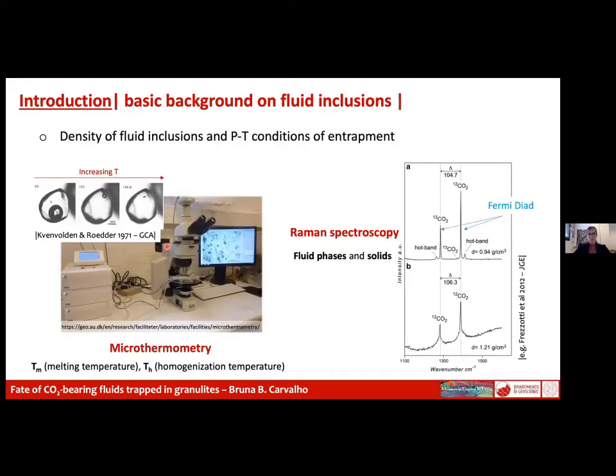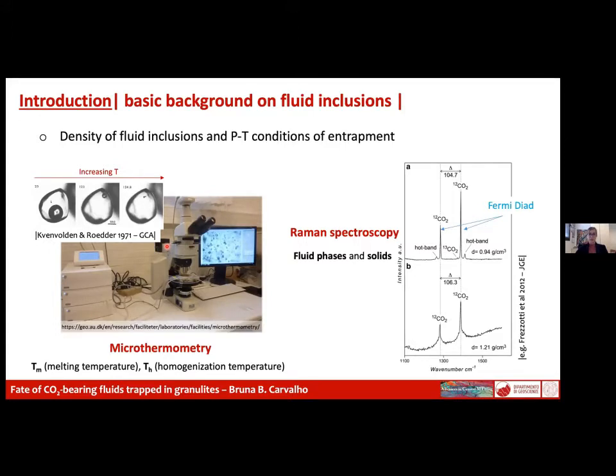Fluid inclusion studies can be done using microthermometry, so by heating and freezing the inclusions to get melting and homogenization temperatures, but also with Raman spectroscopy. And specifically in this case, we can obtain not only the fluid phases, but also the solids if present inside these inclusions.